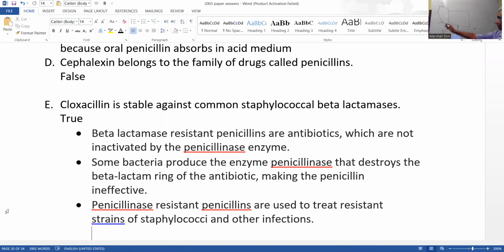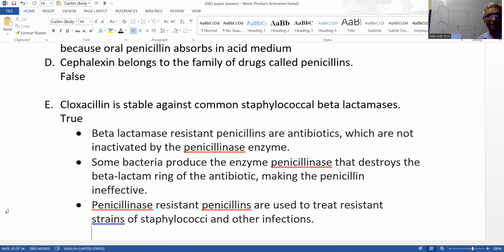So here in cloxacillin, the branch chain covers that part. It does not allow penicillinase to come closer to the ring. So it is covered. It is called steric hindrance. It's covered.